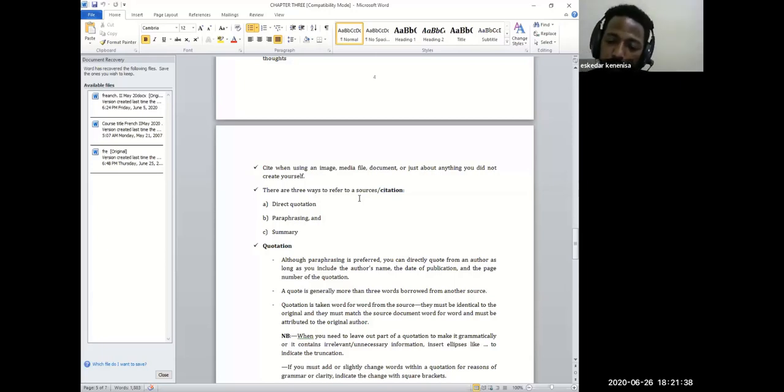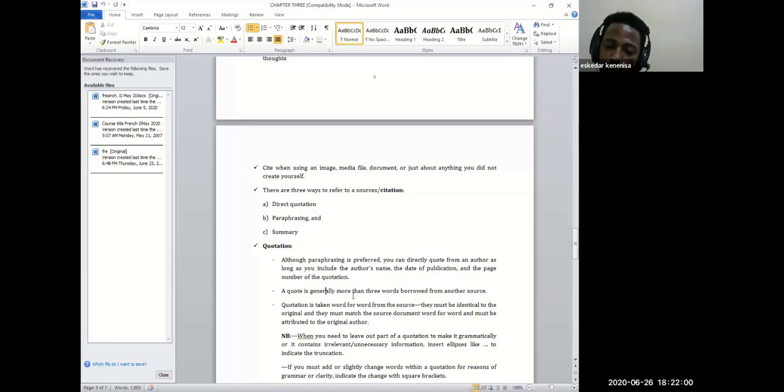Therefore, it is better to use your own words or to paraphrase. But when you take quotations, you have to include the author's name, the date of publication, and the page number of the quotation.